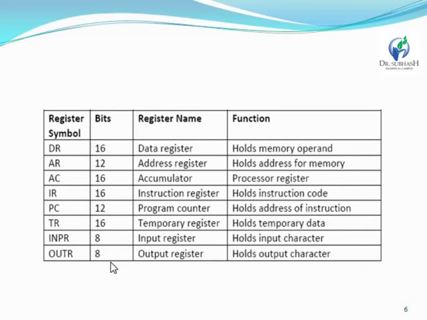So here the fixed register size of input and output is 8. Symbols are important in computer organization. In other diagrams we can use them: for the accumulator we use the symbol AC, for the data register we use DR, and also we can use the bit size and all the function units.